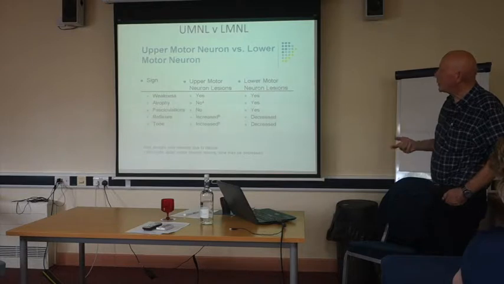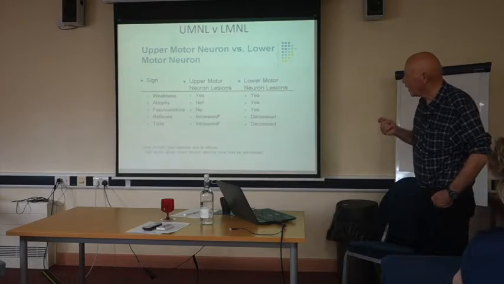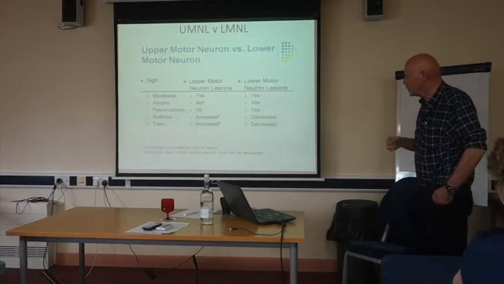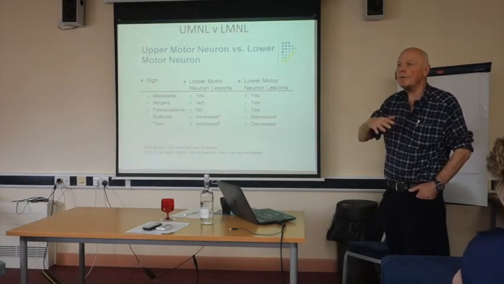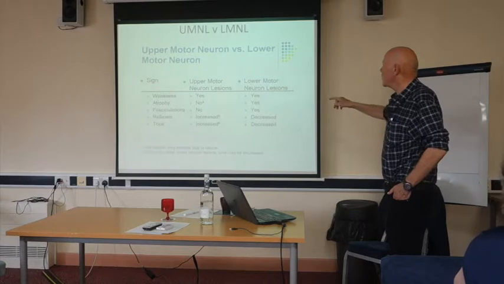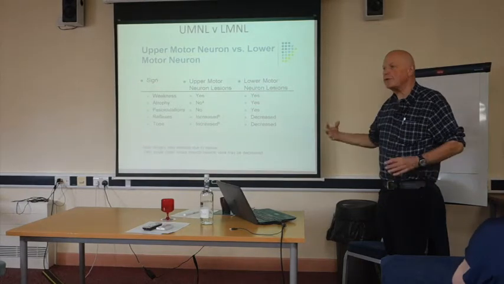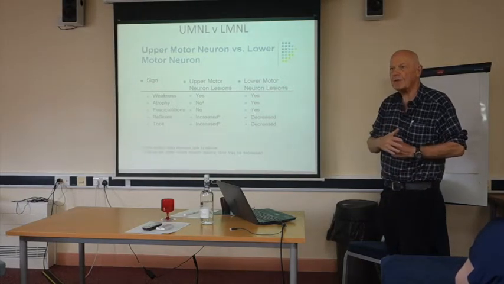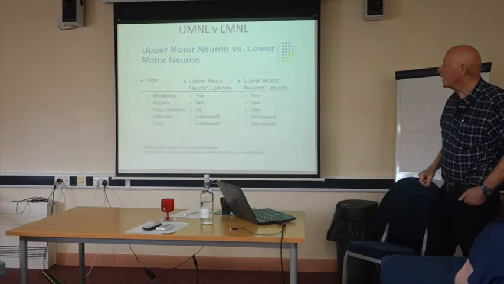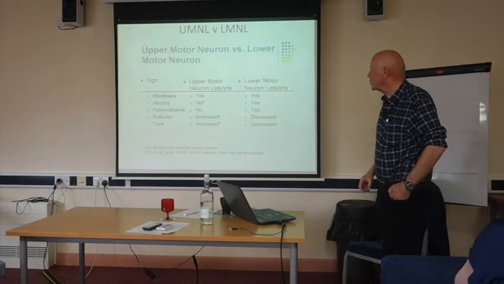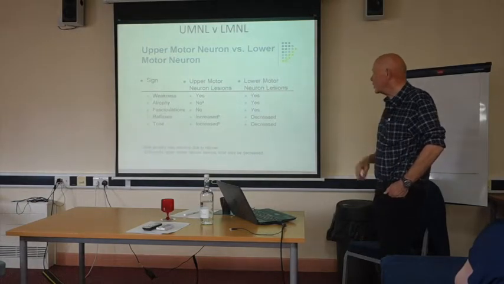Reflexes tend to be increased in the sense of upper motor neuron lesions, because again, you've lost the inhibition from above, so they go a bit wild, but reduced in the sense of lower motor neuron because the power to that muscle has been cut off, so you don't get any effect. And tone tends to be increased with upper, as we've said, and decreased with lower.